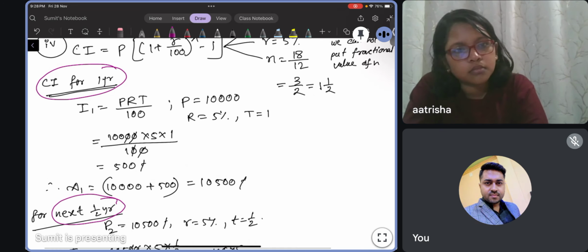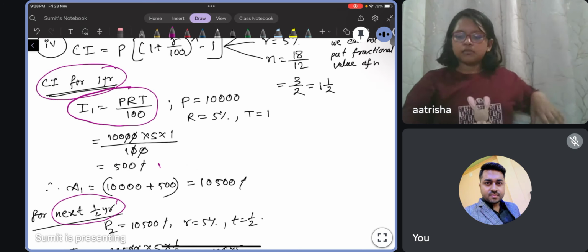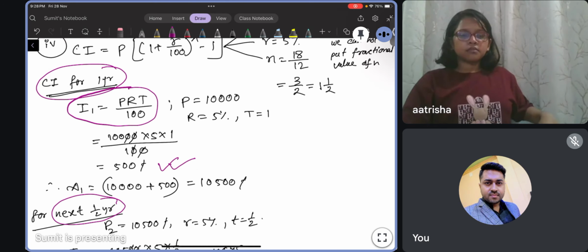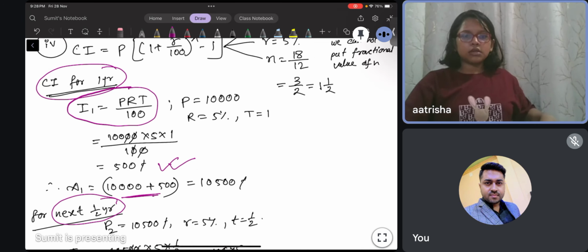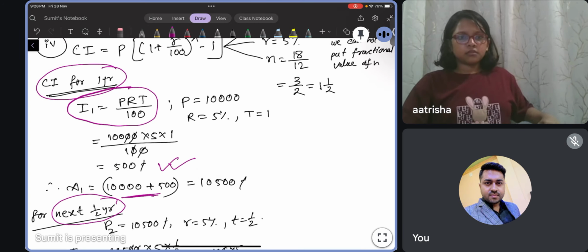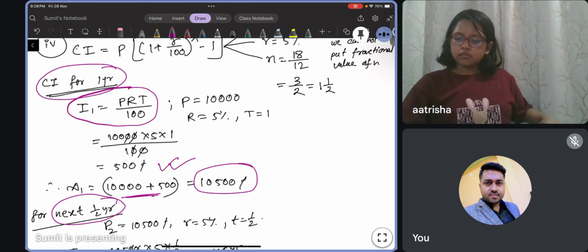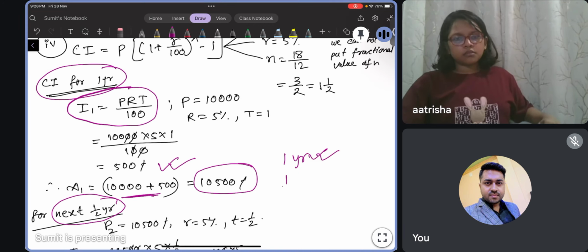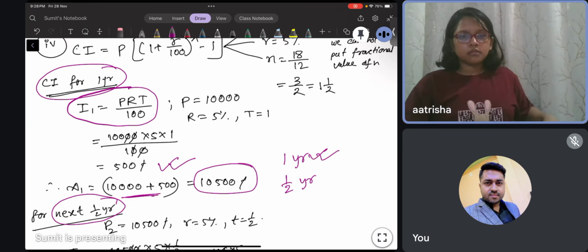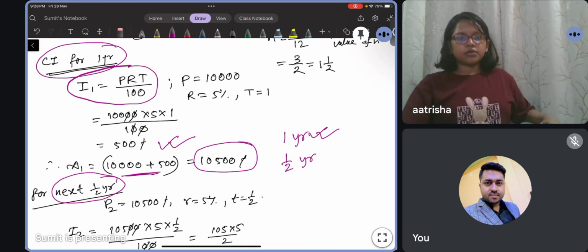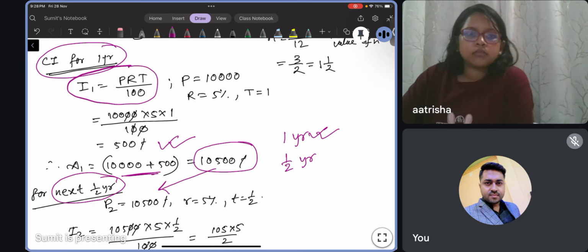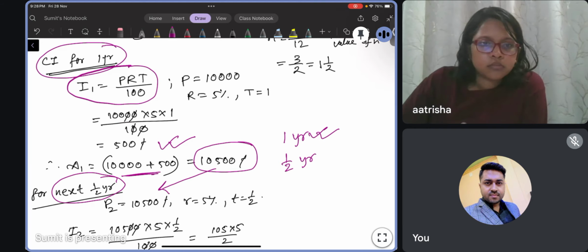When you do for 1 year, I1 will be PRT by 100, you will put all the details and you will get I1. After getting I1, amount 1, meaning principal plus interest, that is 10,500, correct? And then for the next half year, because 1 year is gone, now we need the half year to complete 1.5 years. So for the next half year, what principal will I take? This amount I will take as the principal for the next half year. R will be how much?